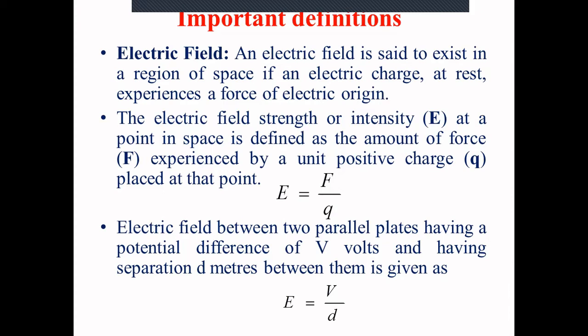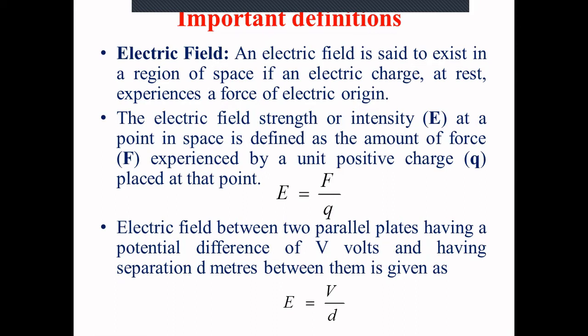The intensity of the electric field is calculated at that point, and here we have to find the force on another charge which is placed at point Q. Therefore, the electric field strength or intensity at a point in space is defined as the amount of force F experienced by a unit positive charge Q placed at that point.